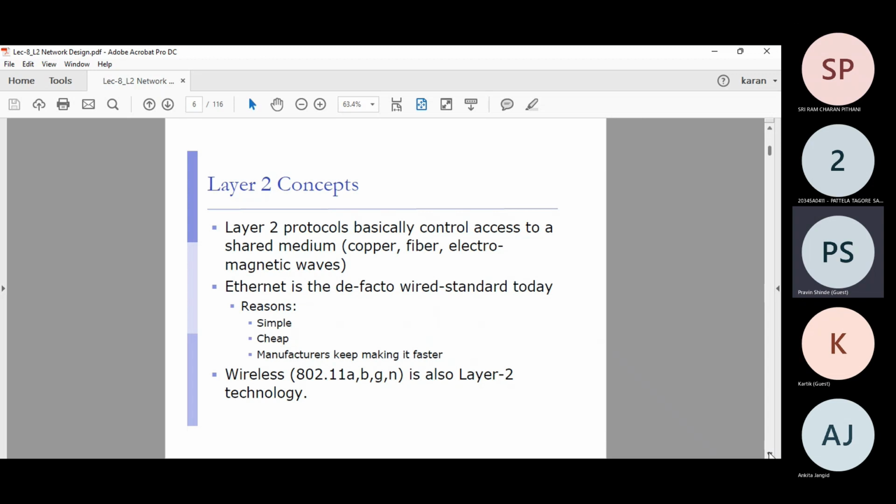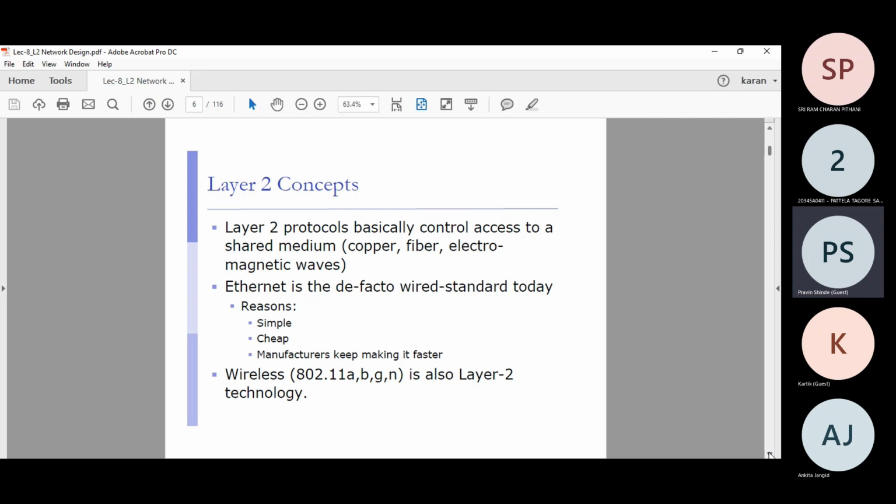Layer 2 protocols basically control access to a shared medium: copper, fiber, electromagnetic waves. Ethernet is the de facto wired standard today. You all know what Ethernet is. And what is wireless technology?